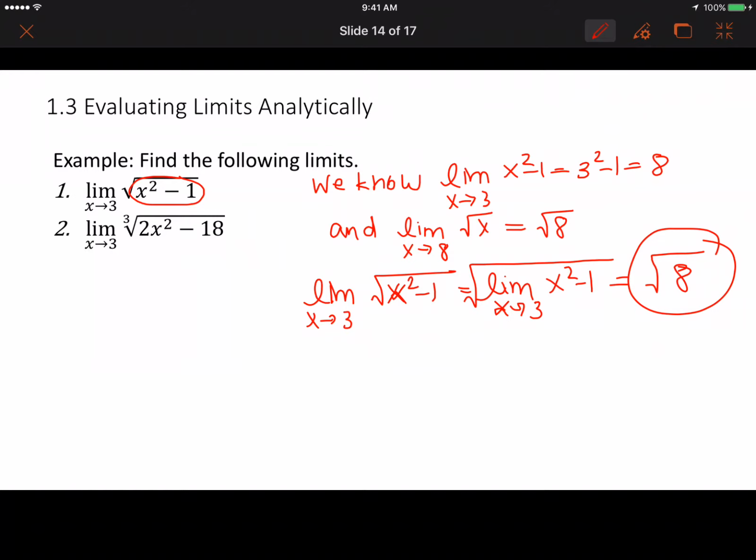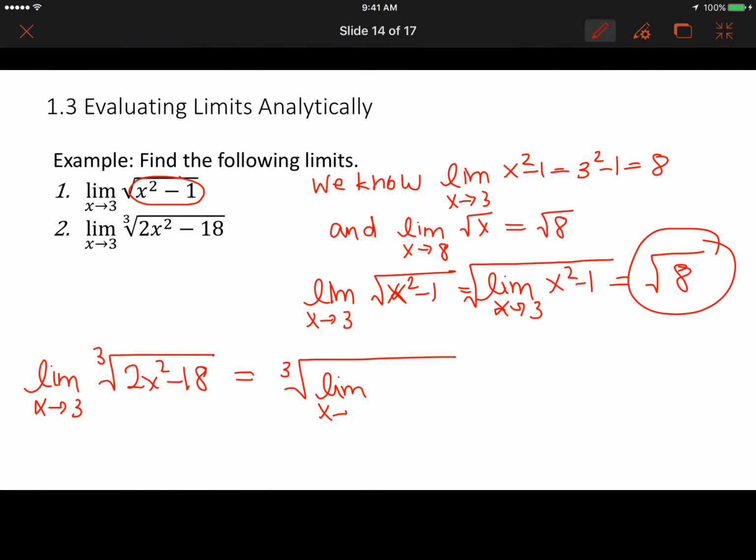All right, similarly, the limit as x approaches 3 of the cubed root here of 2x squared minus 18 is equal to the cubed root of the limit as x approaches 3 of 2x squared minus 18.